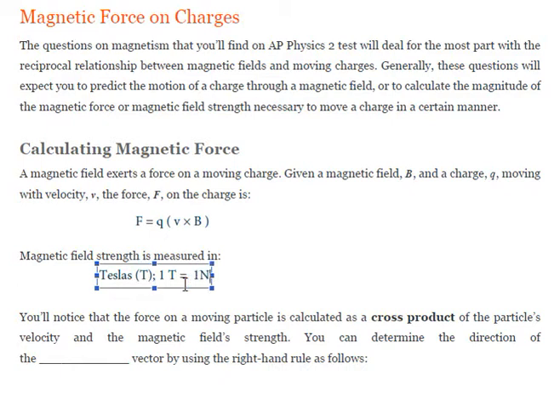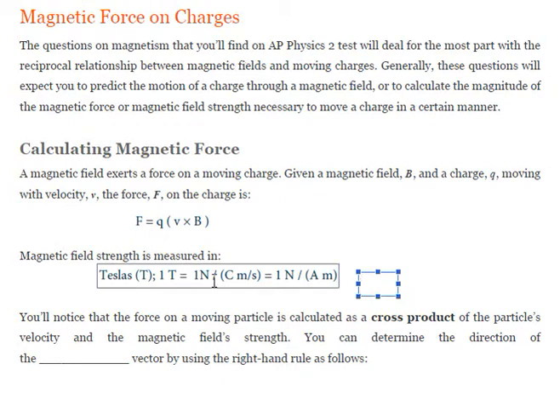So 1 Newton per coulomb times meters per second. If we simplify the denominator a little bit, we have coulombs over seconds, which we know is an ampere. So we could simplify this a little bit further down to 1 Newton per ampere times meter. So 1 Newton per ampere meter is a Tesla.